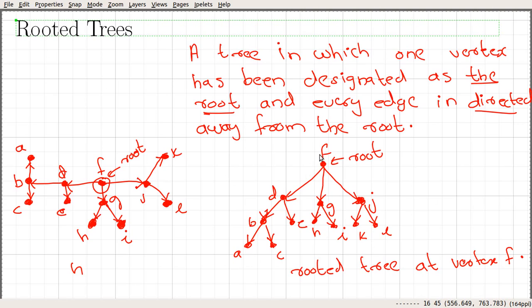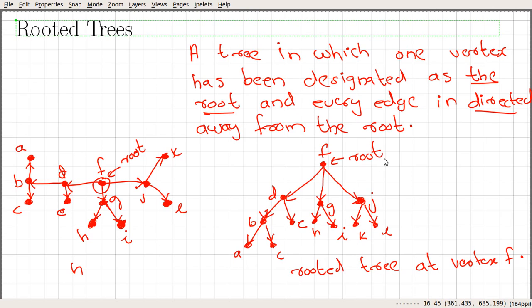Once you are told that that particular tree is a rooted tree, then this direction is implicitly hidden in that representation. So normally when we talk about the rooted tree, we won't specify this direction. It is already implicit within the definition. Okay, so a rooted tree is a tree in which one vertex has been designated as a root, and every edge is directed away from the root.